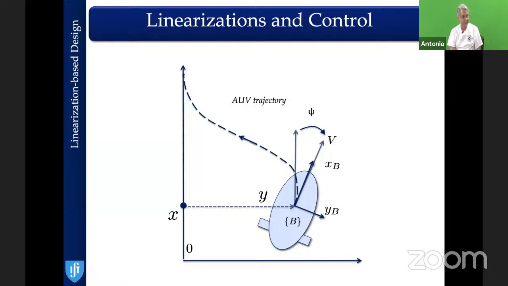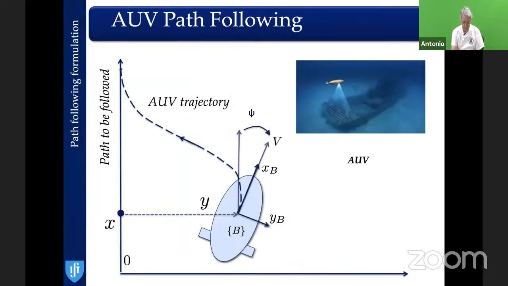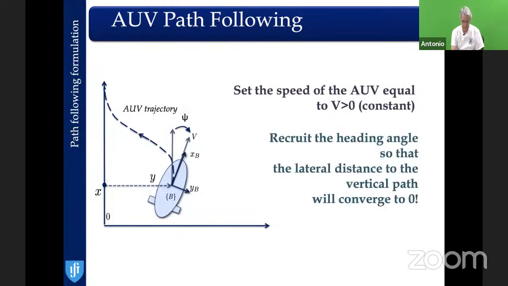So suppose you fix the speed, and I say the following: I want this vehicle, the center of mass, to converge to the path and gently move along the path. This is what we call path following, okay? So it's the first time I'm talking about it in a more formal way, but still without the mathematical machinery. So what you wish to do is set the speed of the AUV equal to a constant.